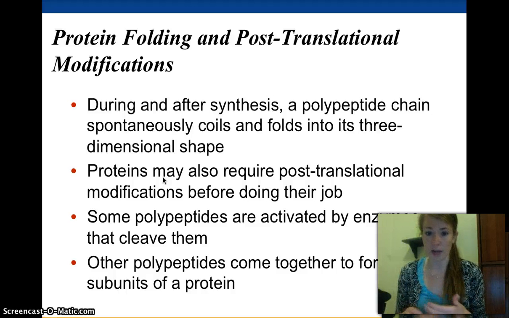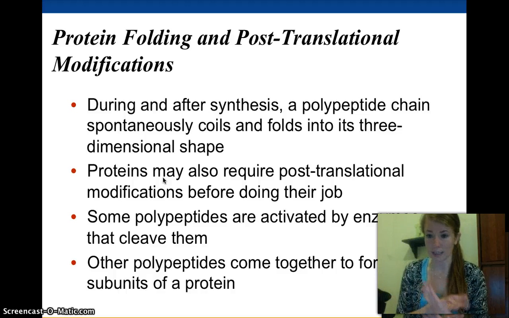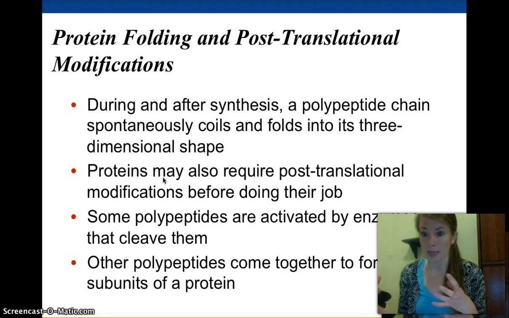So all of these sorts of modifications can happen after translation, and sometimes the polypeptides aren't ready to do their job until they get cleaved, until they get modified. So they get activated after termination of translation. And then this is when we get quaternary structure. So one polypeptide from one gene needs to find another polypeptide from another gene to fit together to make quaternary structure.